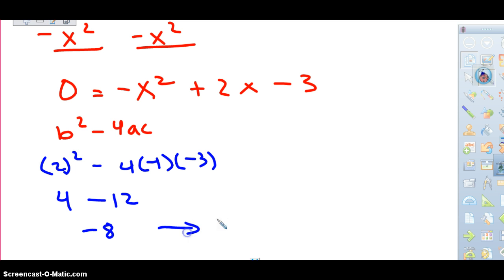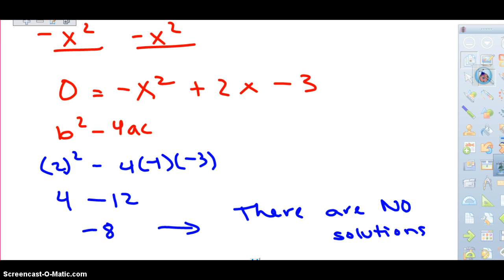How many solutions? There are no solutions. So there are no solutions because the discriminant is less than 0.